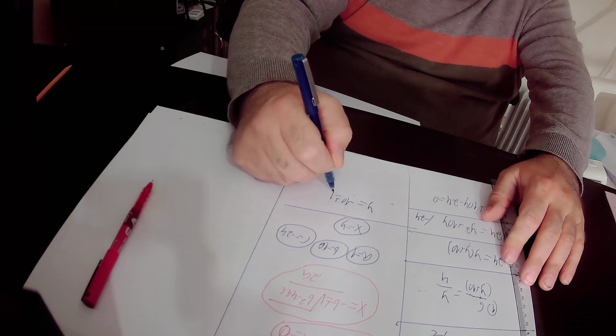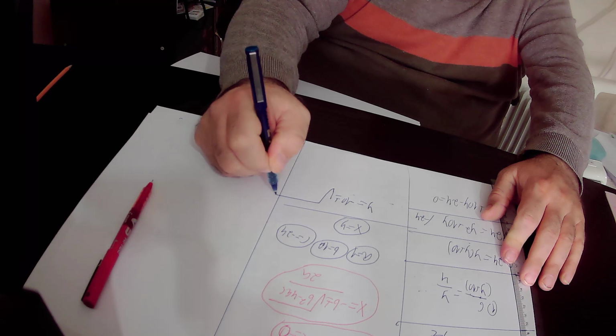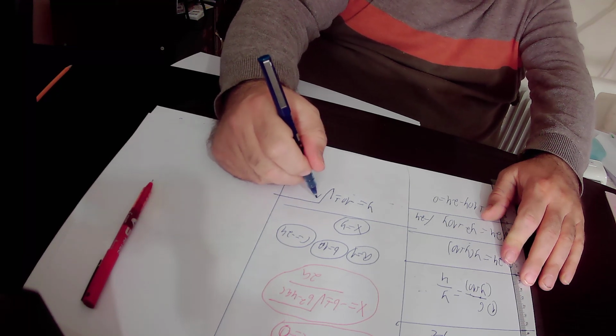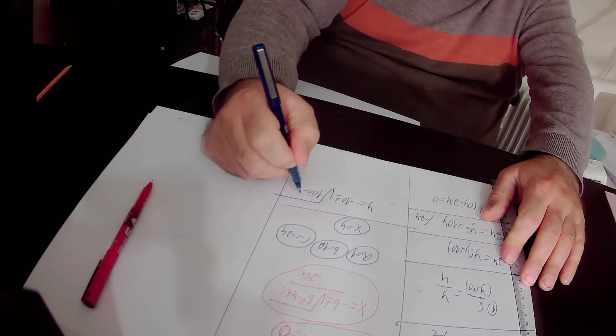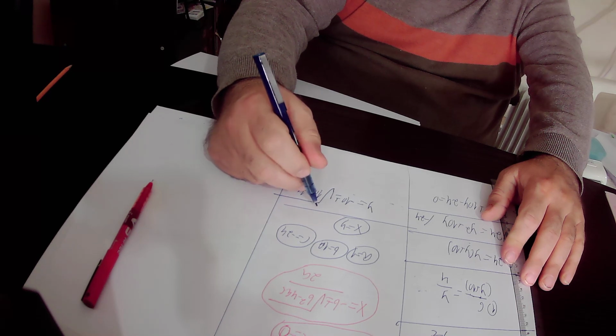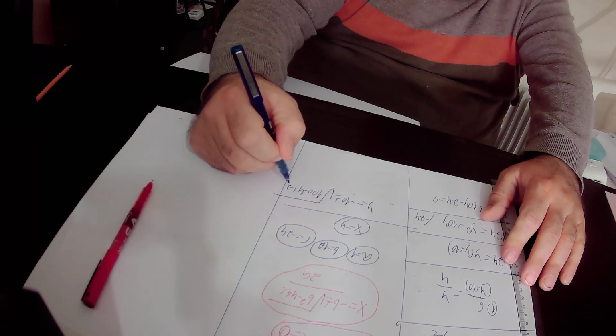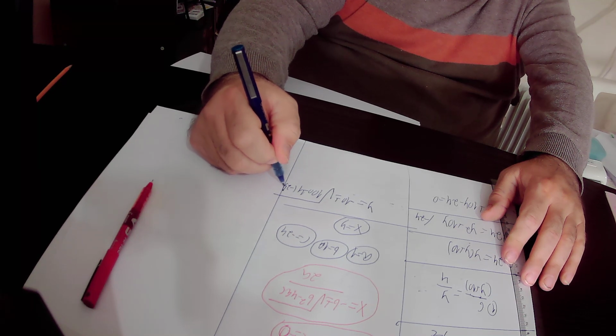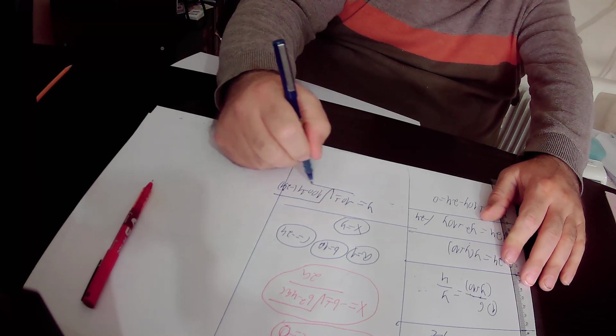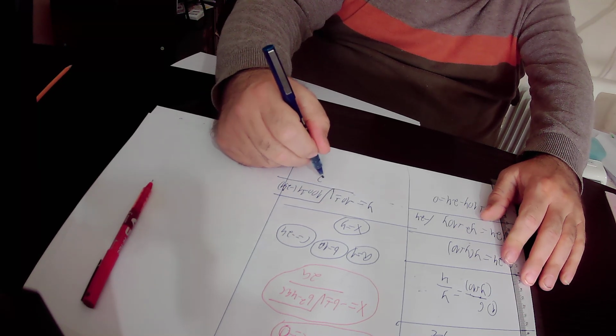plus minus square root of b squared. B is 10, so b squared is 10 squared, 10 squared is 100, minus 4 times a is 1, times c is minus 24. So it is minus 4 times minus 24 over 2a. A is 1, so 2 times 1 is 2.